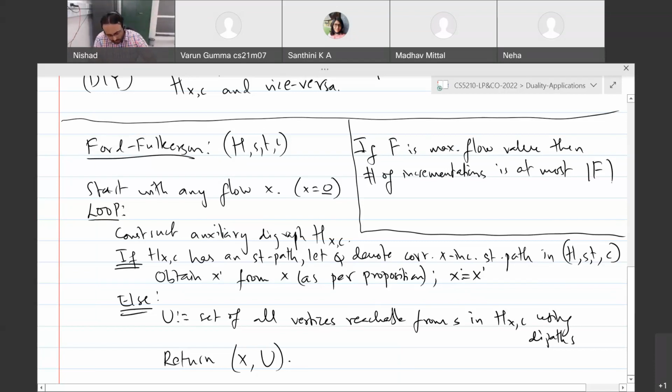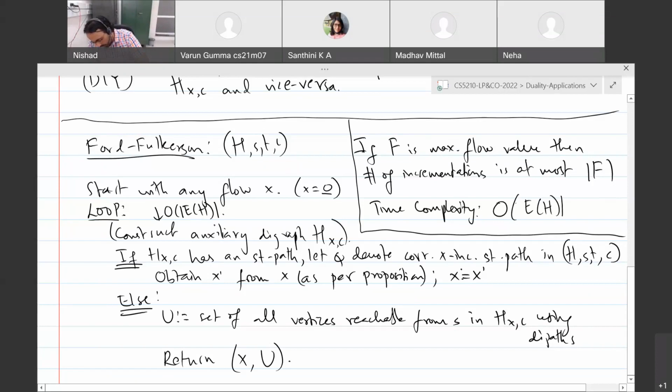We have one more thing now. We are constructing the auxiliary digraph. Well, constructing the auxiliary digraph is not too difficult. You just have to look at every arc. So the time it takes is simply order of the number of arcs. So this step takes that much time, and the total time complexity is the order of the number of arcs times the value of the maximum flow.